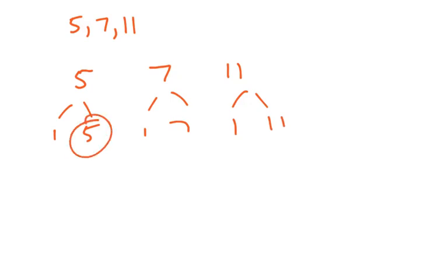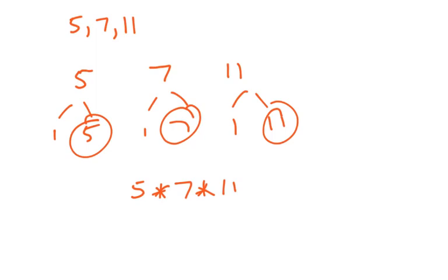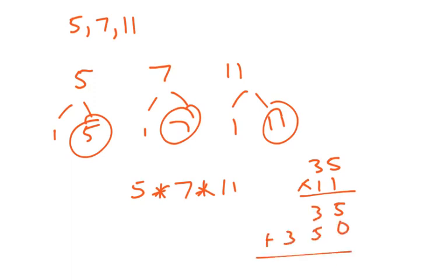So we take the highest of each, which would just be 5, 7, 11. You technically could even include 1, but 1 times anything is just the anything, so it doesn't really matter. So this is going to be 5 times 7 times 11, which is 35 times 11, which is 385.